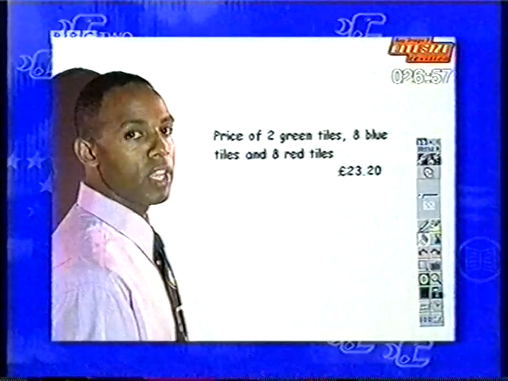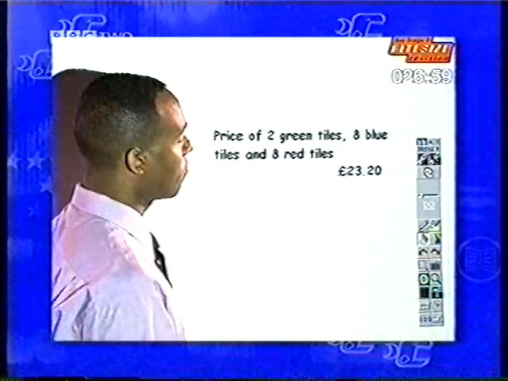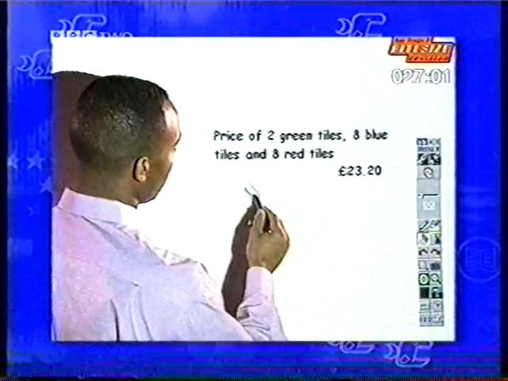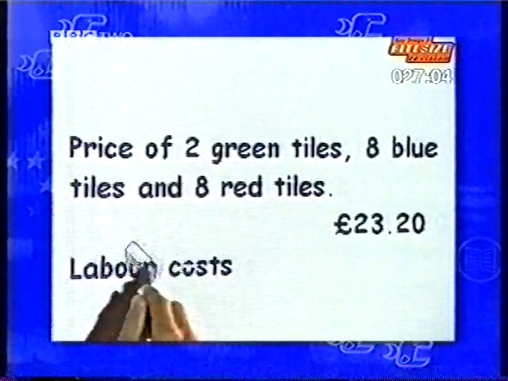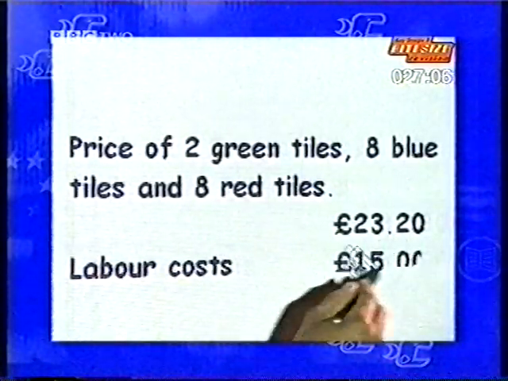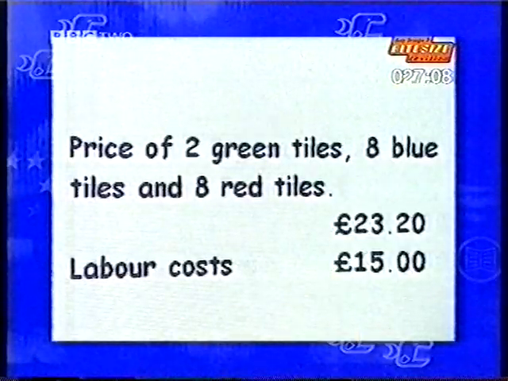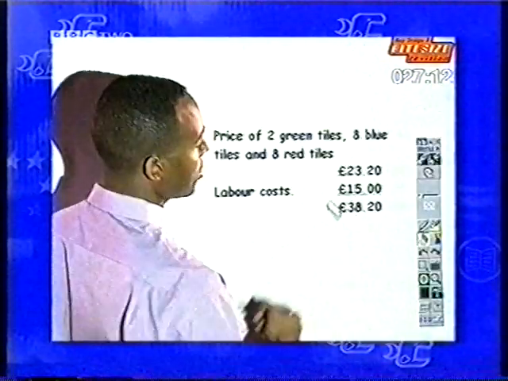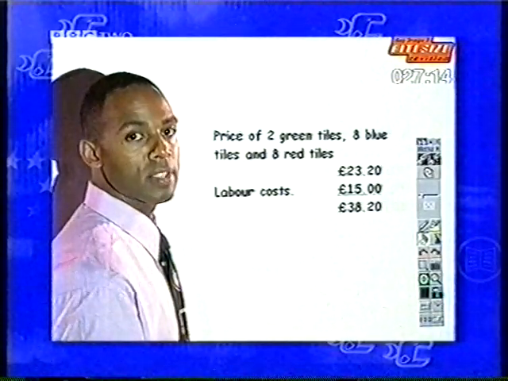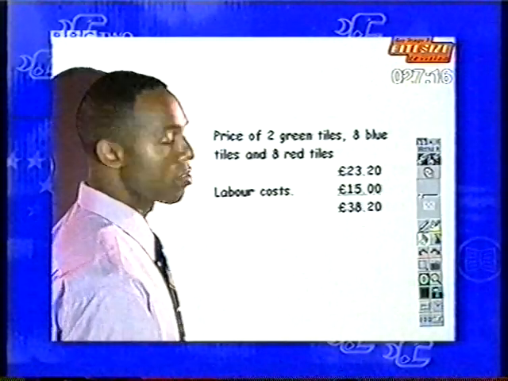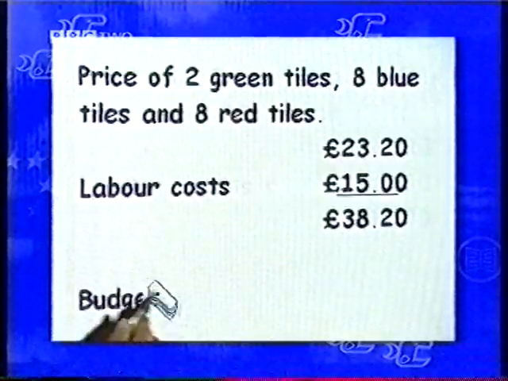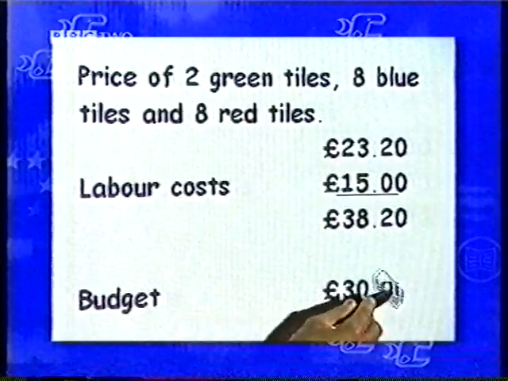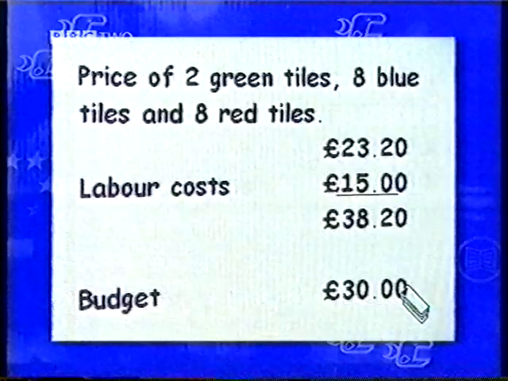And if I've already agreed with my neighbour to pay him for doing this for me, a labour cost of £15, then to tile this small section of the wall, the cost will be £38.20. But my budget is already fixed at £30. So how do we get round this problem?